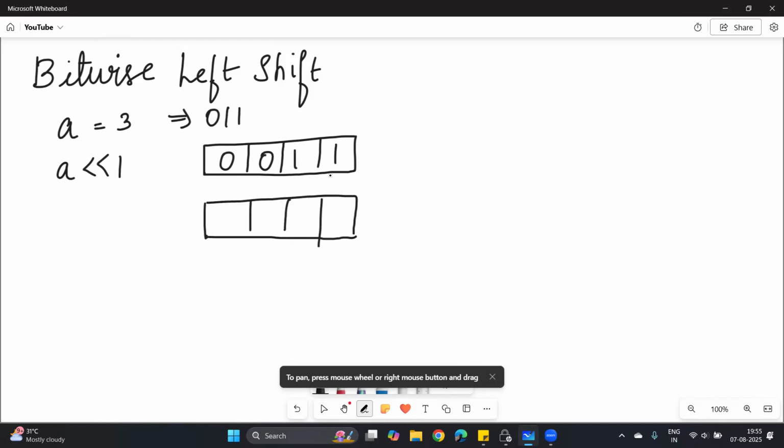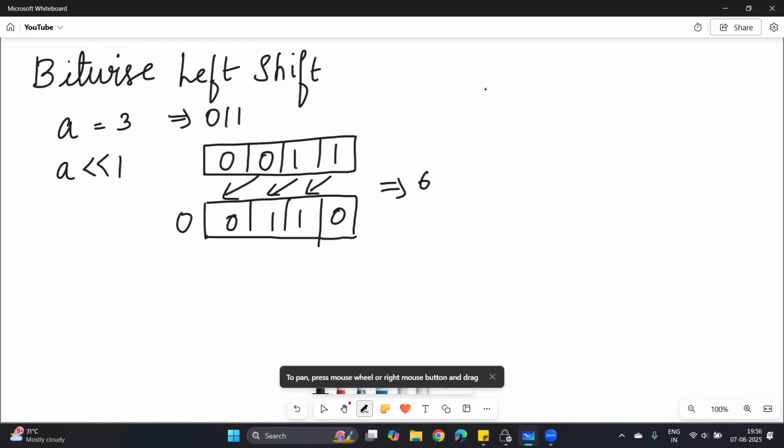On shifting it to the left by one place, I'm just moving this side. So it will be 1 1 0, and this 0 will not be added. And now the question arises, what should be filled here? Here we'll be filling it with a 0. So on converting this back to decimal format, we get the value as 6.